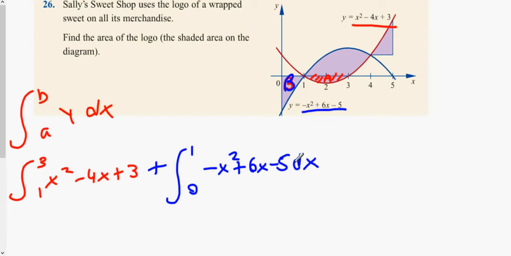Now what we've got to find after this is the area of this region in here.